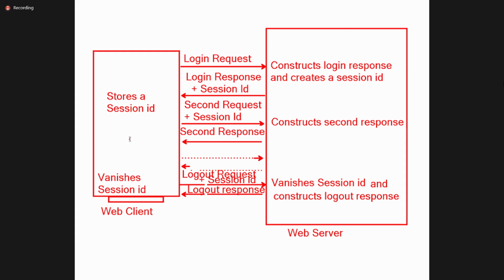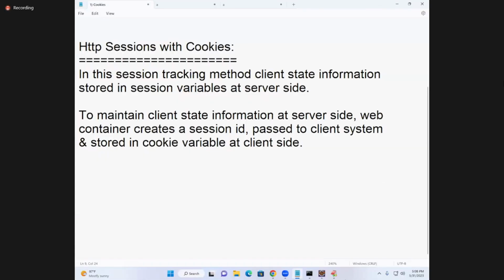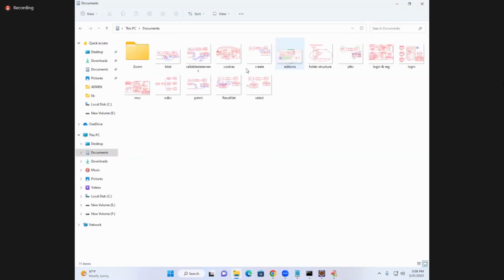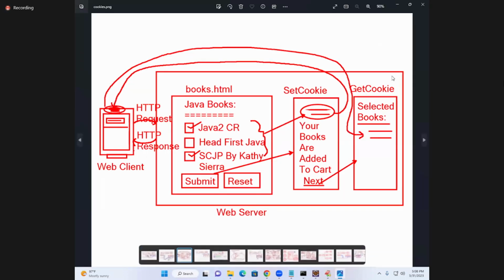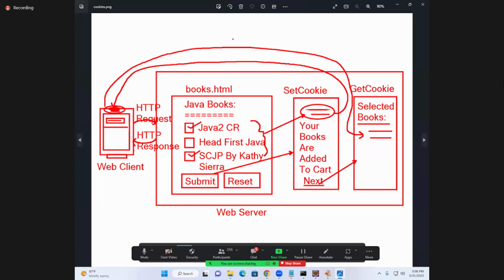That type. Suppose whatever you studied in the cookies program, now this program only. Now what I will do, I won't create cookies. These items I'll store in the server only.